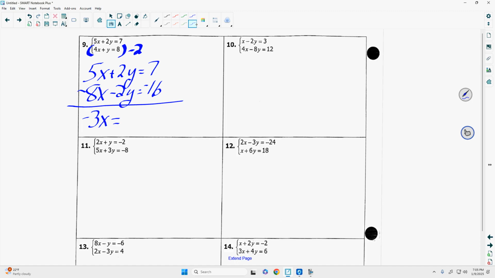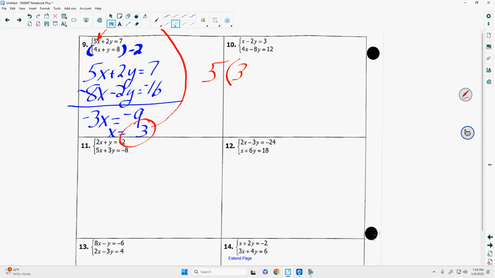Okay, let's look at number 12. Multiply this again by negative 2. Oh, it switched back. Come on. Just let me have this.